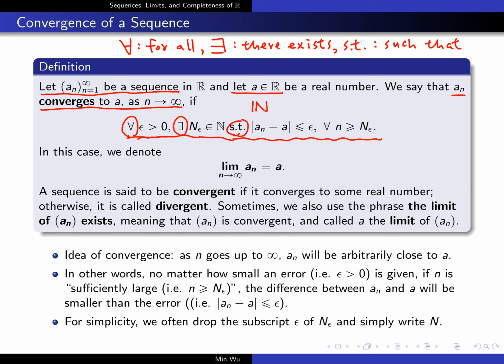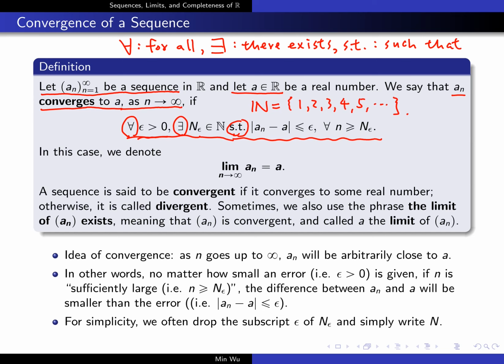The funny R denotes the set of real numbers, and this funny N denotes the set of natural numbers. By natural numbers here, we will mean positive integers: 1, 2, 3, 4, 5, and so on. So this funny N is this set.